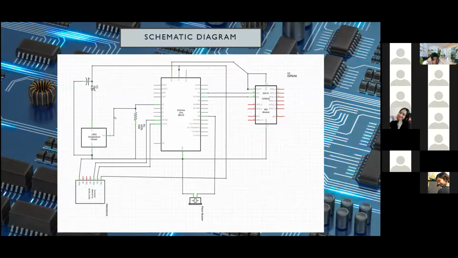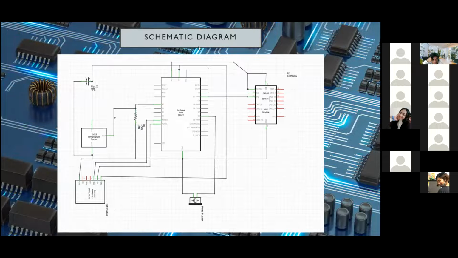So, the Wi-Fi module, as you can see, the rightmost, yung pinaka-right na ano, it has an integrated IP protocol stack that can give any microcontroller access to your Wi-Fi network. It is capable of either hosting an application or offloading all Wi-Fi networking functions from another application processor.